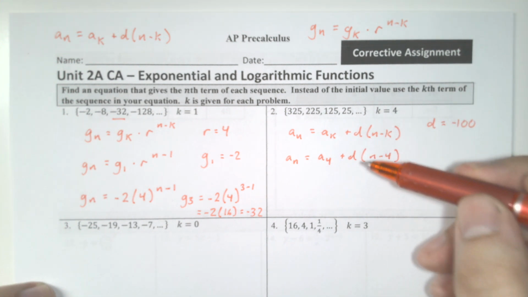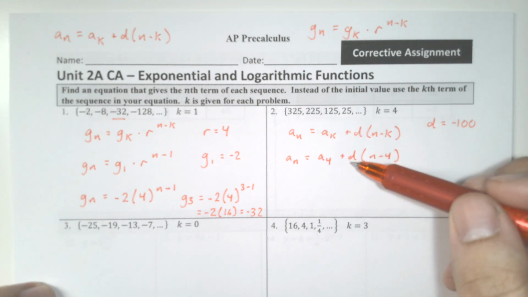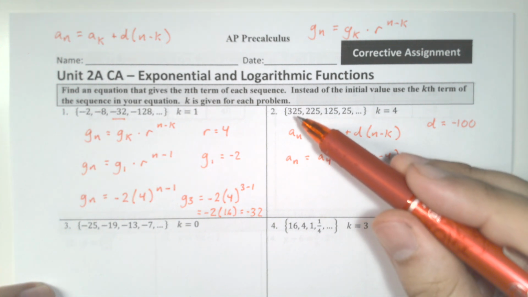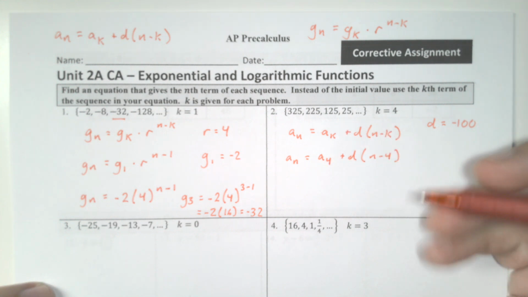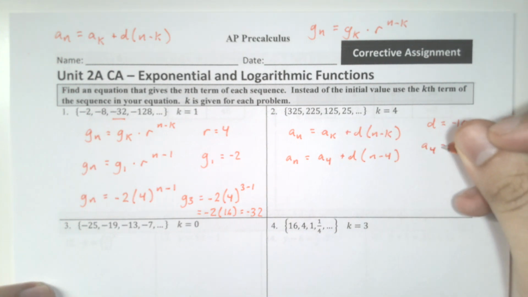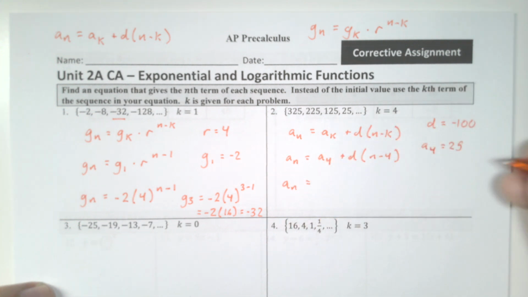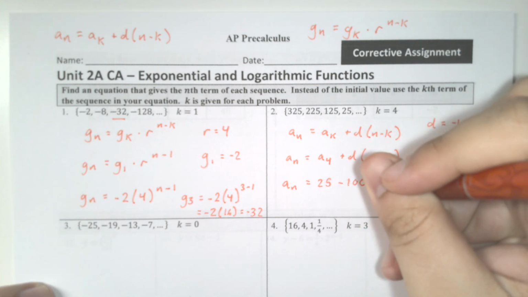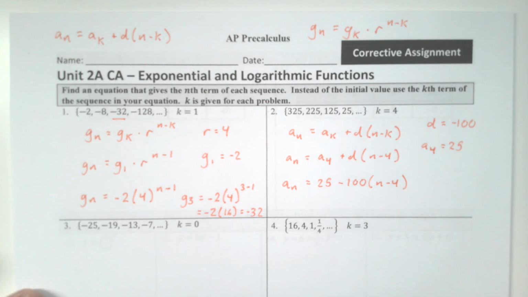So now let's replace d with our negative 100. And then let's replace a sub 4, so the fourth term in the sequence, 1, 2, 3, 4, a sub 4 with 25. And when we do that, we have a sub n is equal to 25 minus 100 times n minus 4. And that is our final answer.